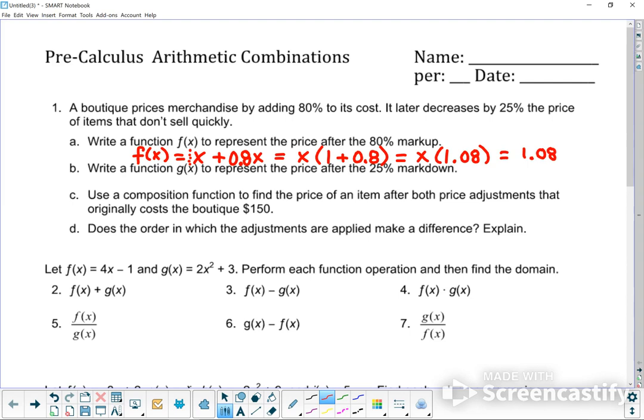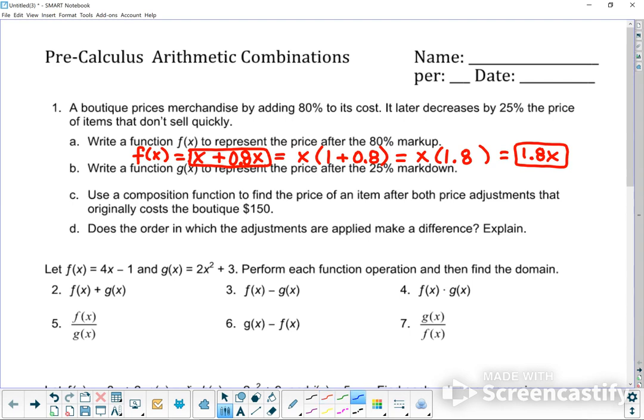Oops, not 0.08, 1.8. That was my mistake. So x times 1.8, or 1.8x. So either one is fine. I like this because it's nice and compact, but the original one that we had is also fine.